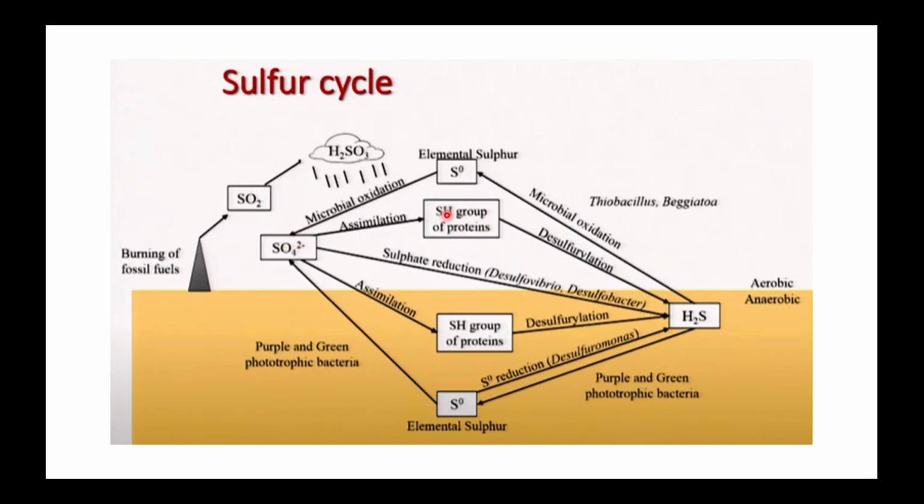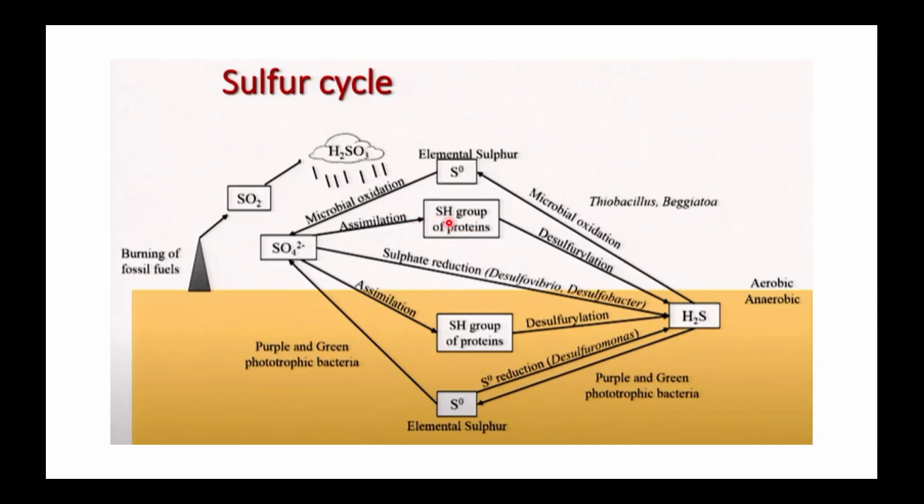You know which amino acids have SH or sulfur in their side chain. Cysteine and methionine have sulfur in their side chain. So proteins containing these amino acids will need sulfur, and this sulfate is assimilated in those proteins.